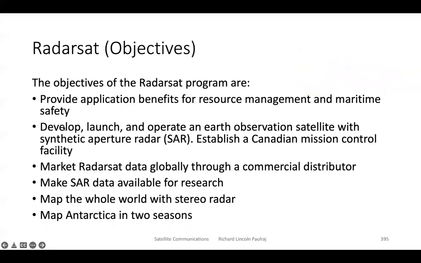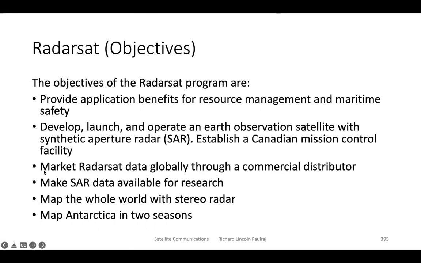So that's how it works. So this provides application benefits for resource management and maritime safety. So it develops, launches and operates an Earth observation satellite with SAR, and establishes a Canadian mission control facility. So that was their main idea.